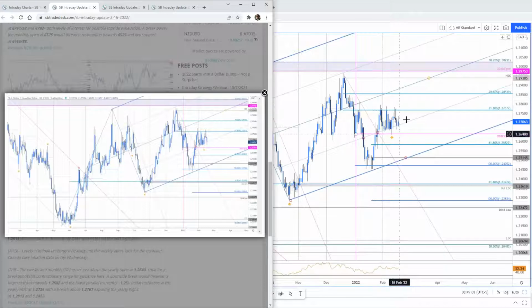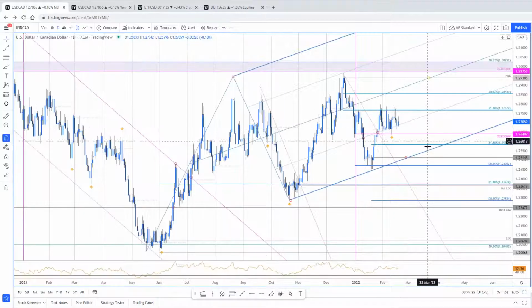Typically these wedge triangle formation patterns are resumptive, so you'd be looking for this to resume higher. However, the reaction at the resistance region suggests again that the risk might be for a swing lower still.